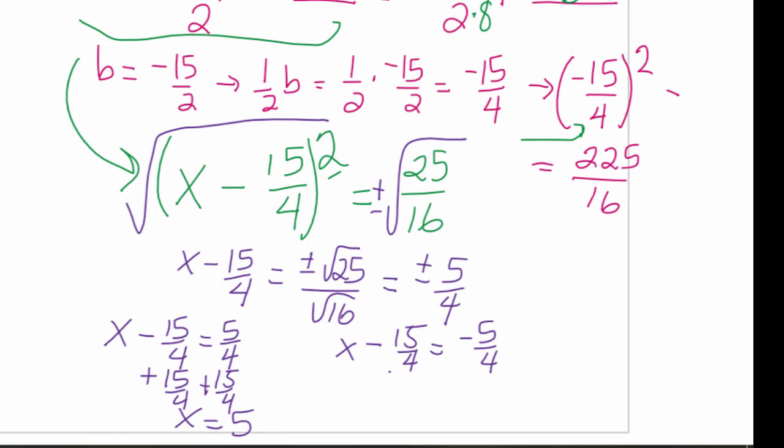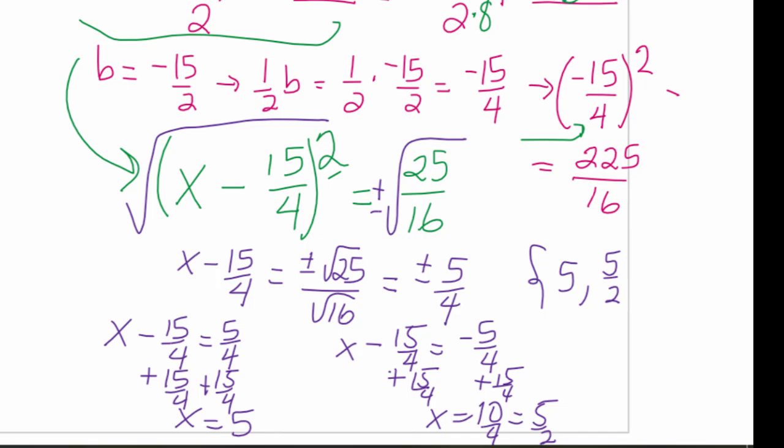Add 15/4 to both sides. Now I get x equals 10/4, which reduces to 5/2. So my two answers are 5 and 5/2. Rational. Nice rational roots, which I would personally use my calculator to check. So I recommend you do that. Okay.